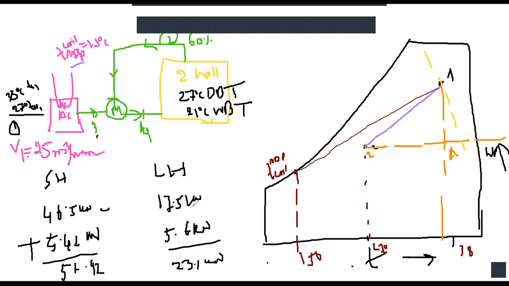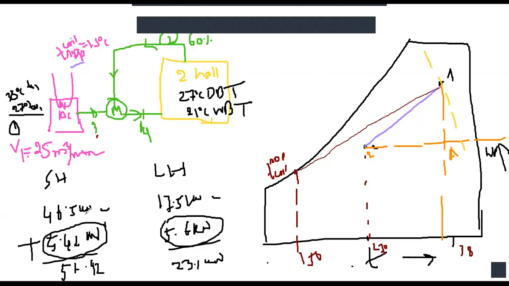These two loads are transferred to the room, or another two loads are also transferred to the room due to infiltration. This portion is due to infiltration.